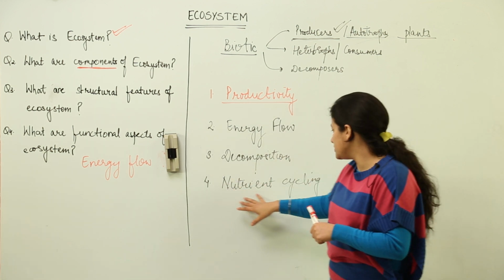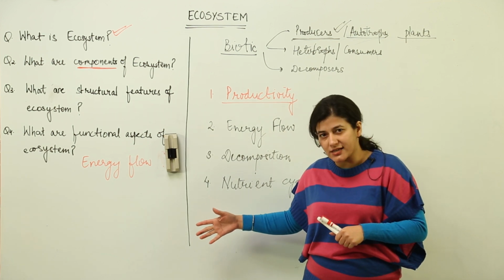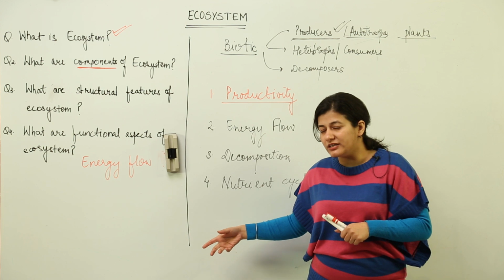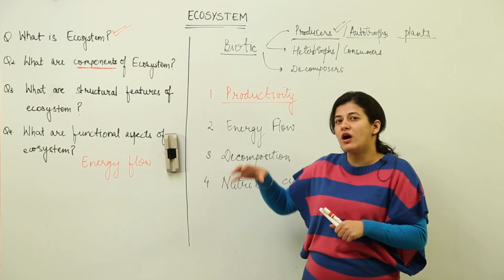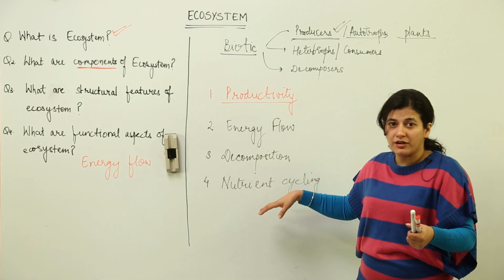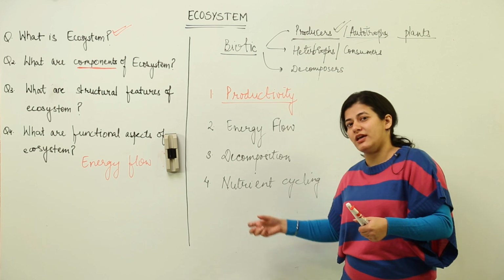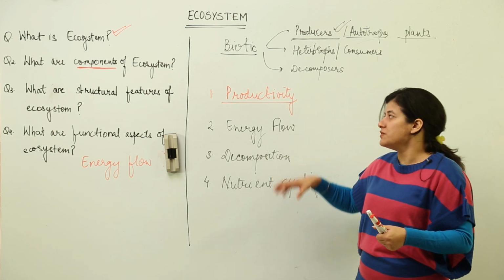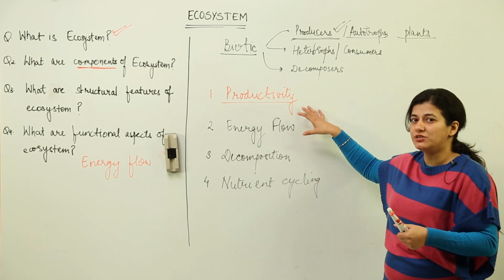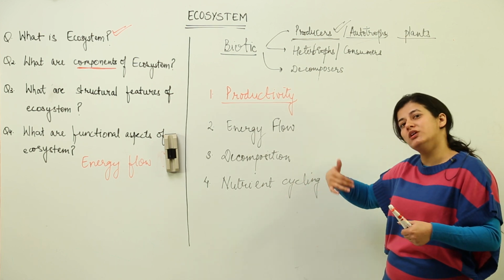And how would those nutrients be cycled and recycled? The simplest example is the water cycle, then we have the carbon cycle, then the phosphorus cycle. You never go out to space to find phosphorus, you never go out somewhere to find water, except for those things which are present on earth. They have to be recycled, because every time a producer takes up a nutrient, it stores it in itself, then it goes to the consumer.